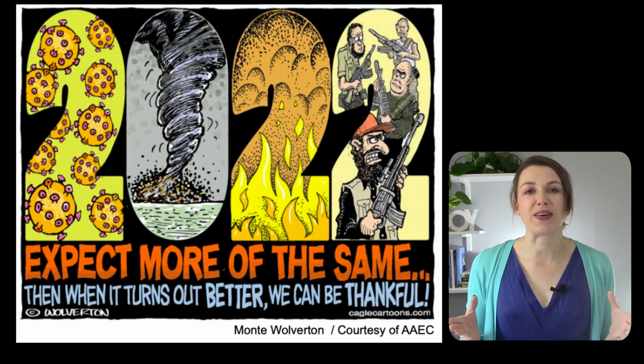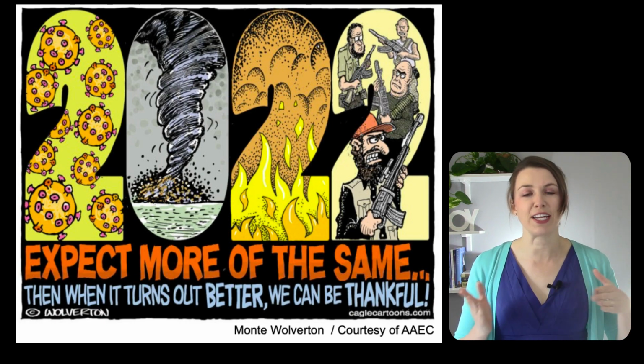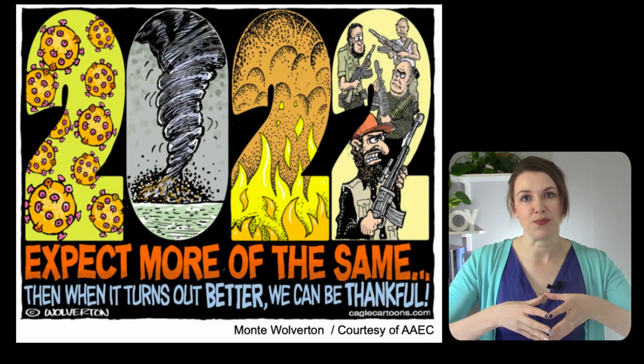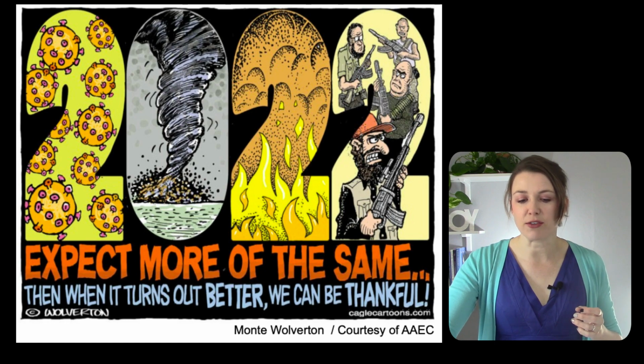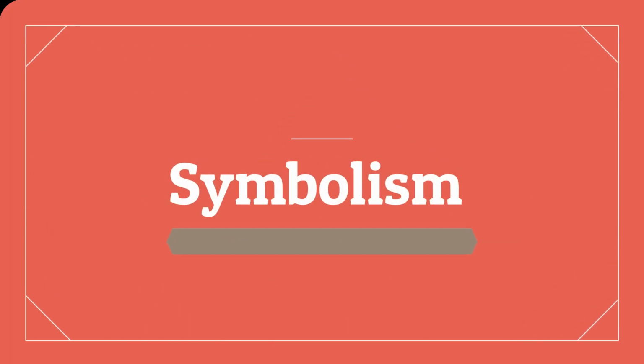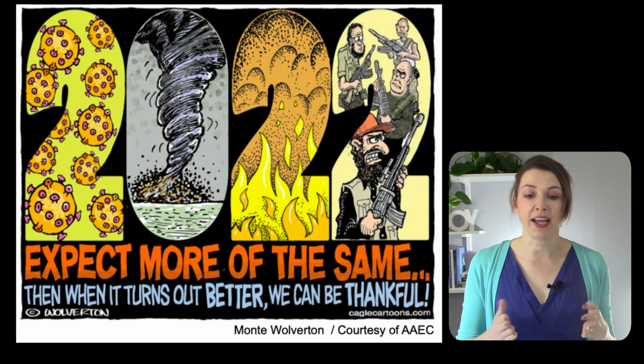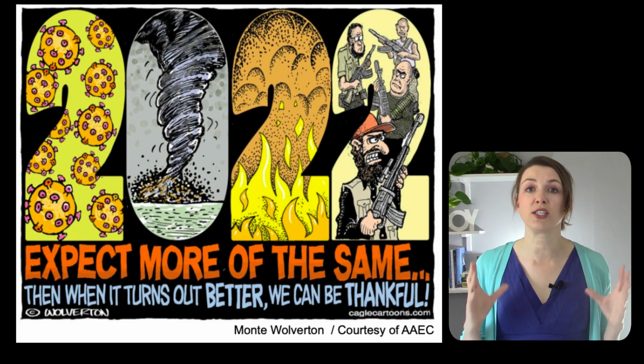I'm filming this video here, it's the start of 2022, right? And so if you're watching it later, think about how the world was at the beginning of 2022. So we have to look at several different things. First is symbolism. So we have a few symbols here, right? And in this case, we have the numbers, right? You look at this, it says 2022.